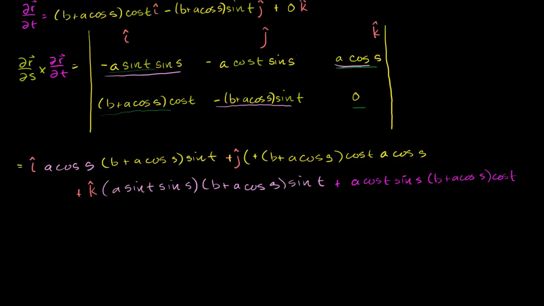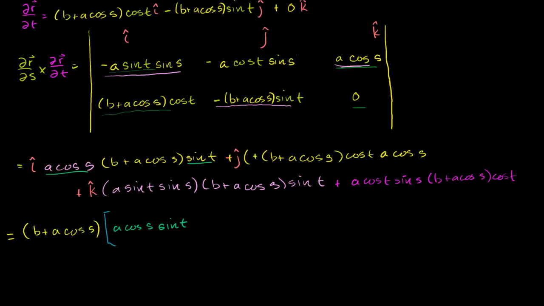So this whole crazy thing can be written as b plus a cosine of s, times, I'll put some brackets here so you know it multiplies every component. The i component, when you factor this out, is going to be a cosine of s sine of t times i.